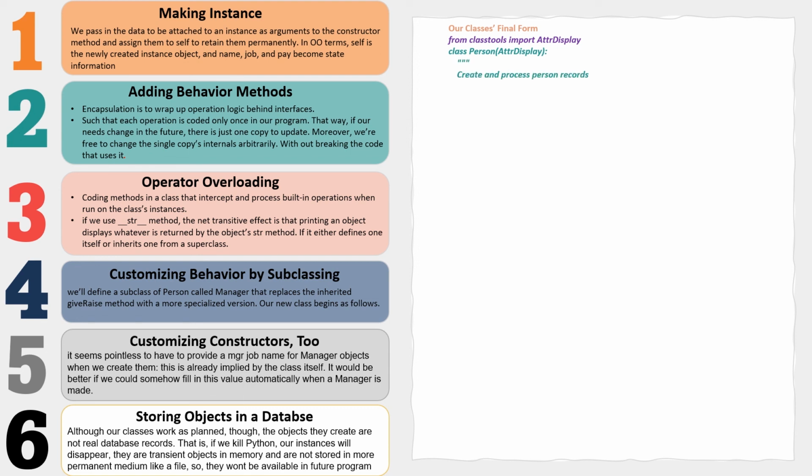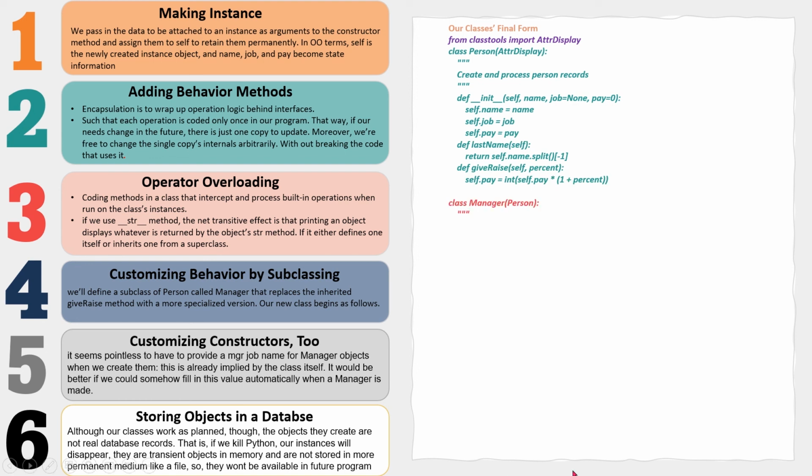Now, the remaining thing remains the same. It consists of our instance attributes, and then it will have two methods, that's last name and give raise. These are for the person class, and similarly we have a subclass that is manager, which inherits from person.